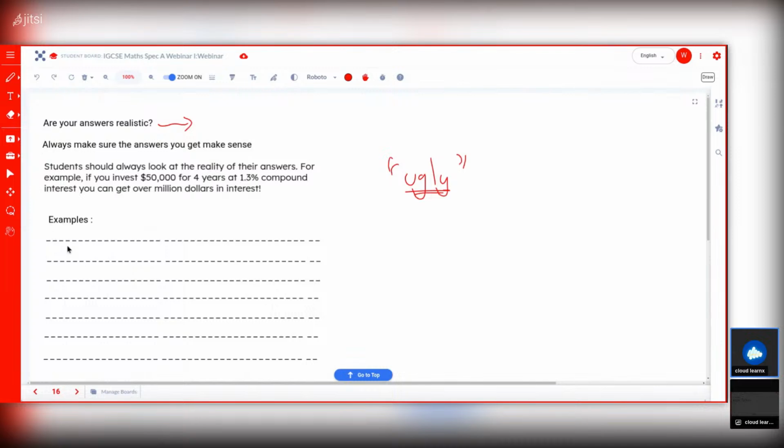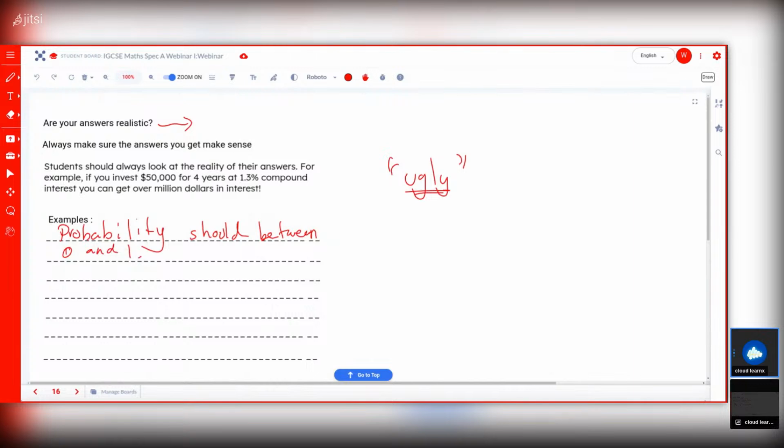Some of the examples would be, let's say you got probability. Probability should be between 0 and 1. Now, if you get something greater than 1, probably you've added instead of multiplied. So that should give you a tip to go fix it.